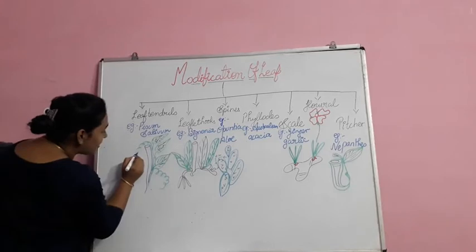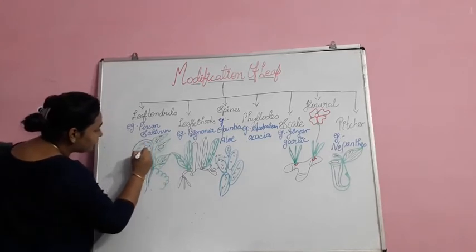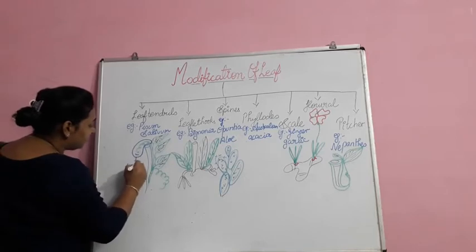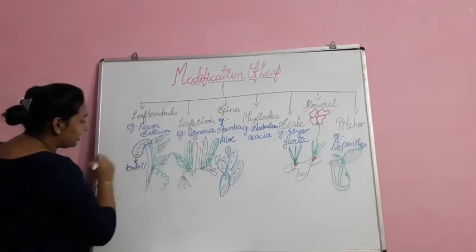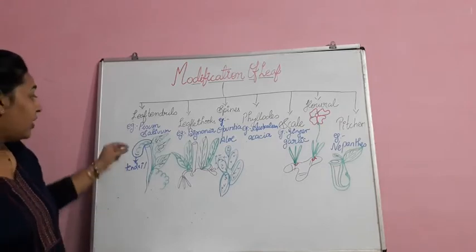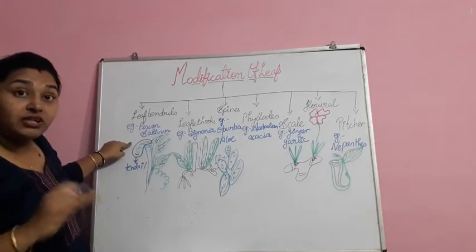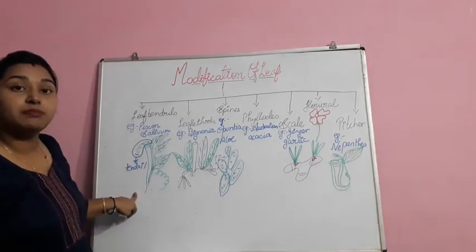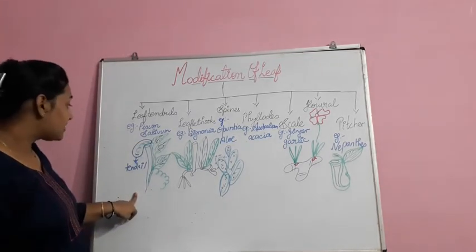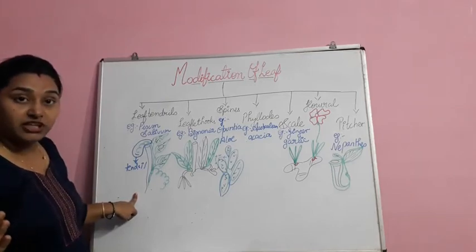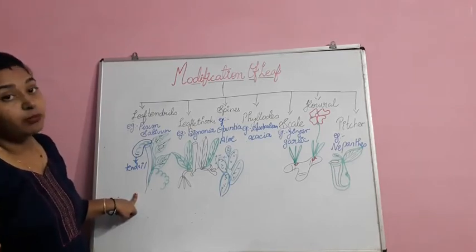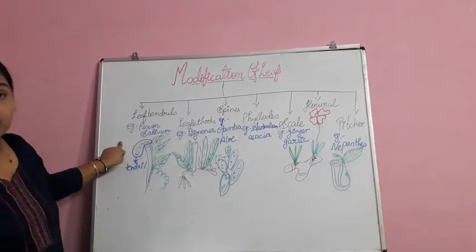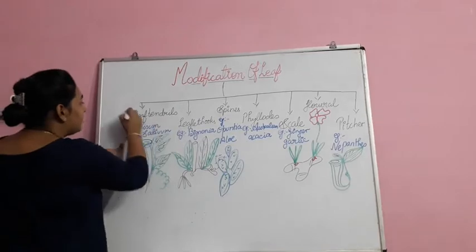This coiled structure is called a tendril, and this modification has converted from the leaf form just to give support to the plant, because these plants are very weak. So this is a modified form of the leaf to give support to the plants. These are called tendrils or the leaf tendril forms.